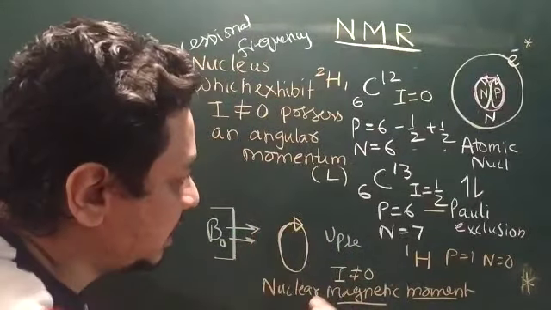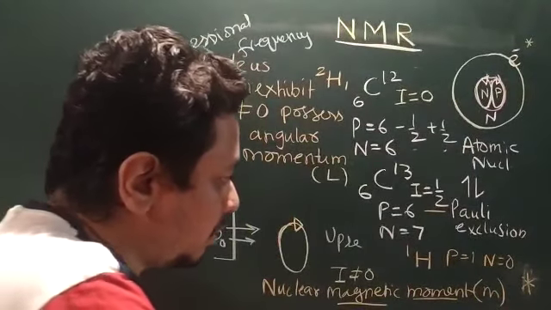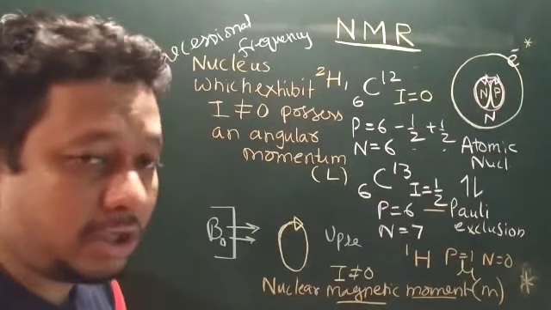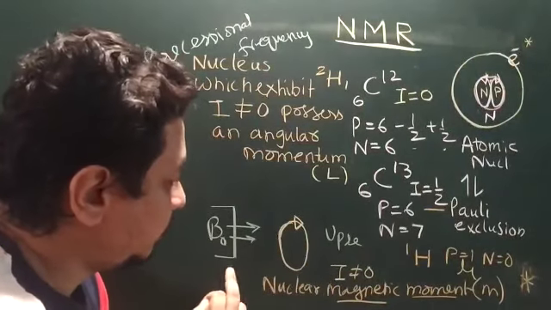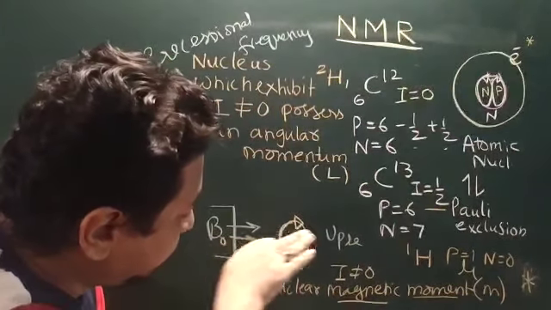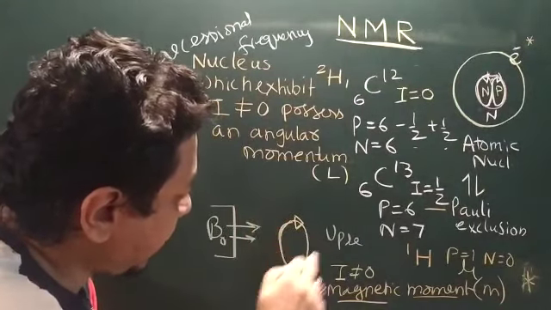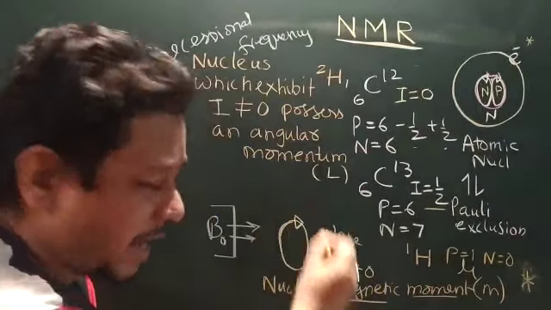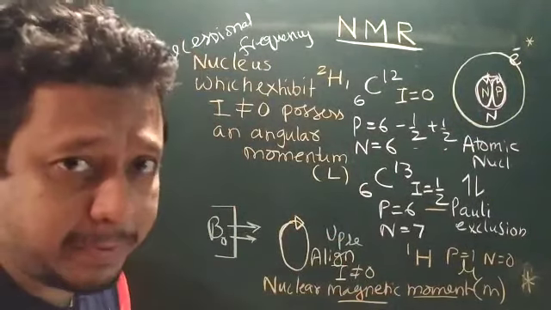This is known as the nuclear magnetic moment, denoted as M, or sometimes mu. The nuclear magnetic moment is observed only when a nucleus with spin quantum number not equal to 0 is placed in the external magnetic field and starts to precess along the direction of the external magnetic field with a precessional frequency. This alignment is known as aligned or parallel arrangement of the nuclear spin.